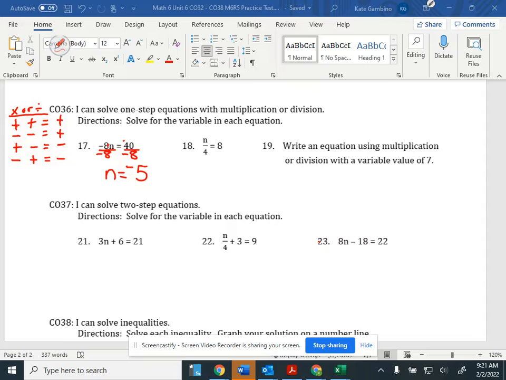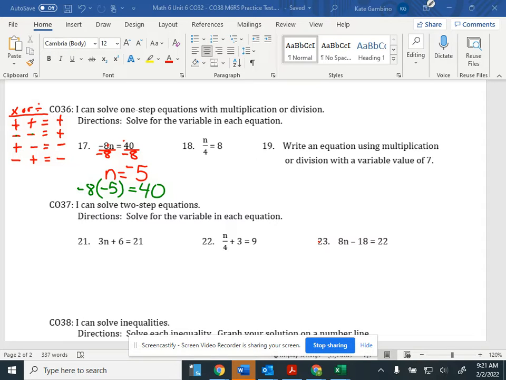Let me check my work. Negative 8 times negative 5. Does that equal 40? We have a negative times a negative, so it's a positive. 8 times 5 is 40. Oh, it works. I did my math correctly.